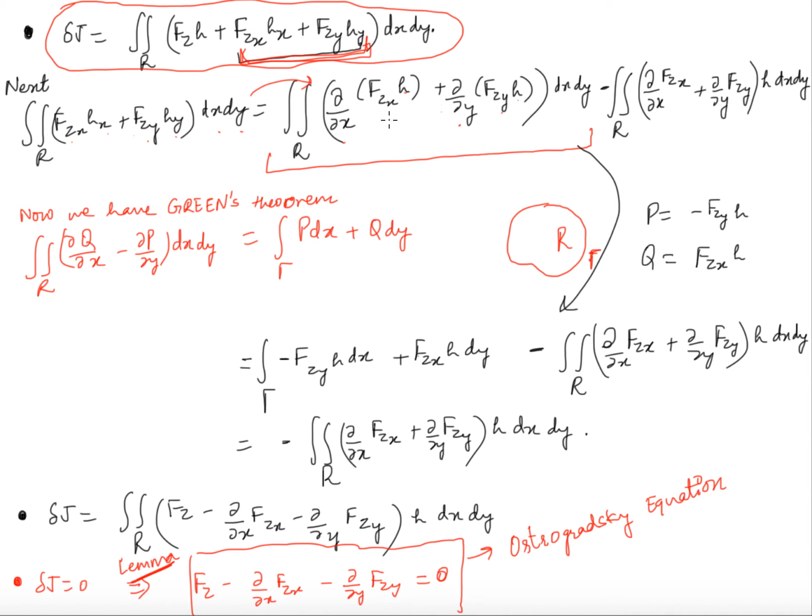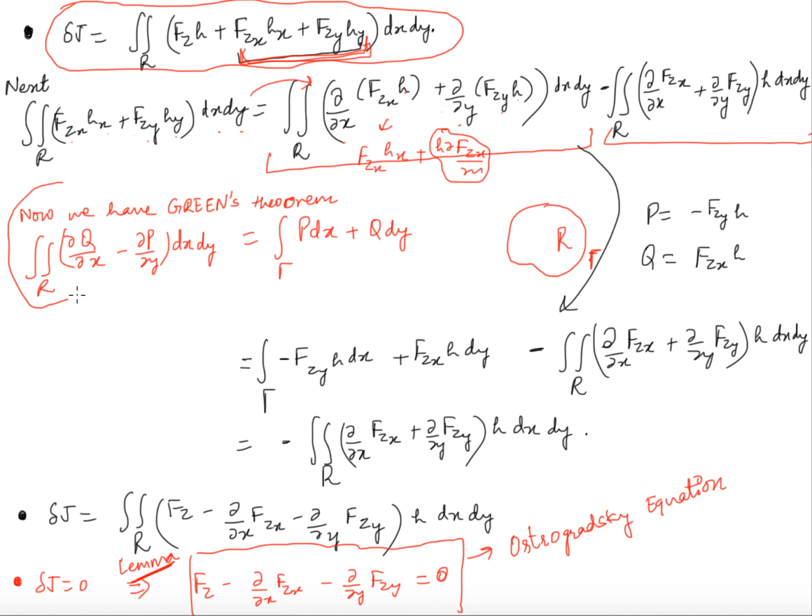You can see here I can apply the product rule. I'll get f_zx h_x plus h times the partial derivative of f_zx with respect to x. So this term will cancel with this term, and similarly here. So I can actually write this integral as the sum of these two integrals.